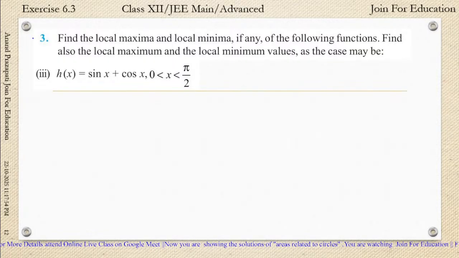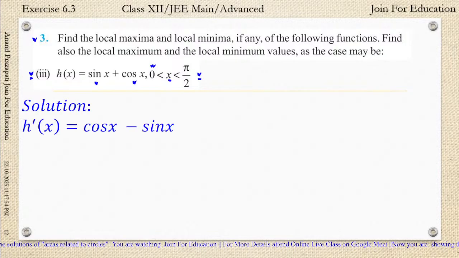Let's see question number 3 (iii). hx equal to sin x plus cos x, x greater than or equal to 0 and less than or equal to pi by 2. Let's see the solution of this question.